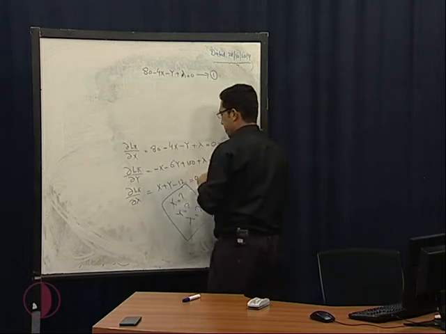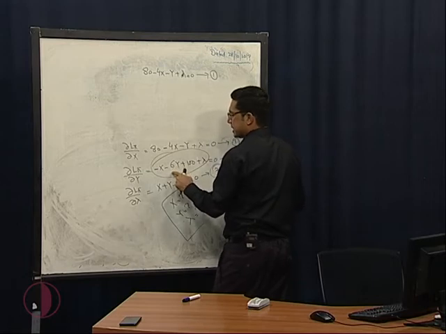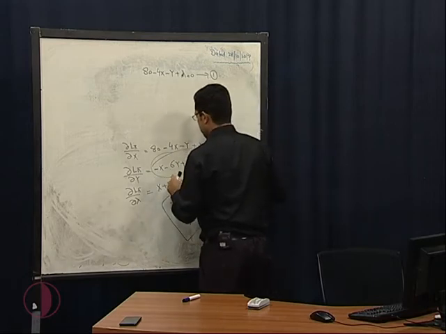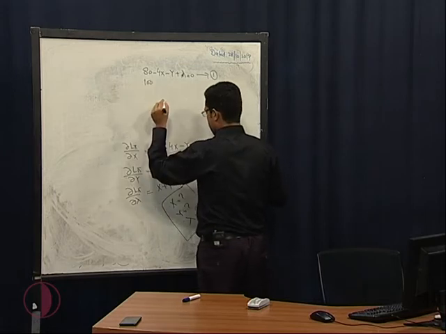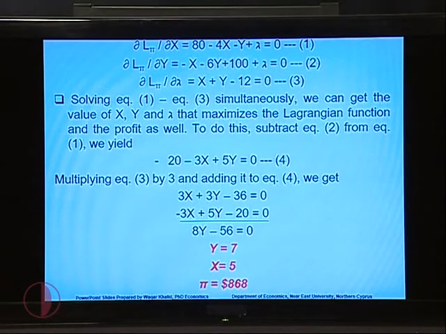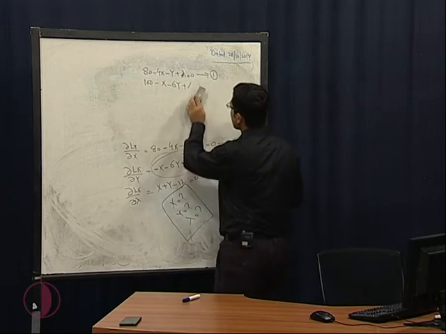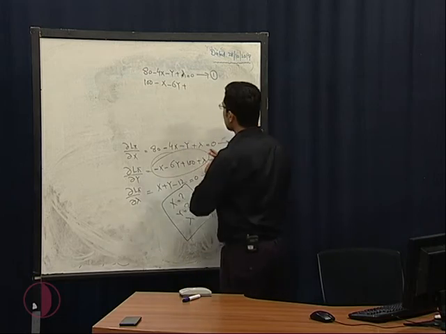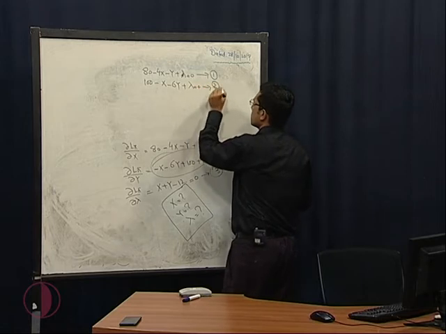Let me arrange equation 2 to make the process simple: 100 minus x minus 6y plus lambda equal to 0. This is equation 2.